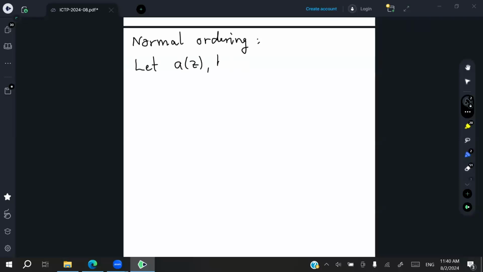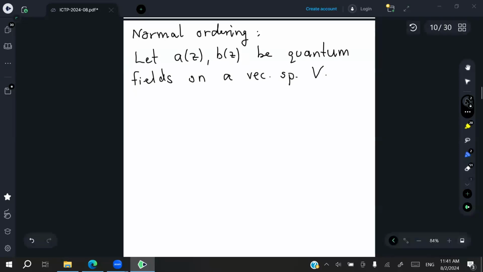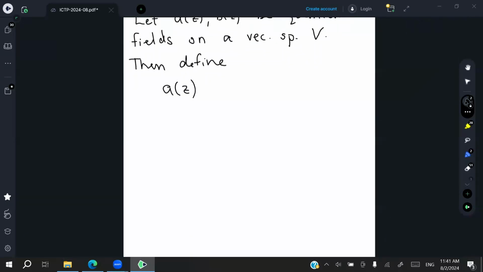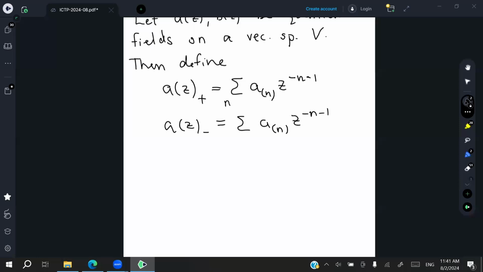Let A of Z, B of Z be quantum fields on a vector space V. Then define A of Z plus, by definition, as a bit tricky: we define A of Z plus to be that half of the quantum field where the index n is negative.